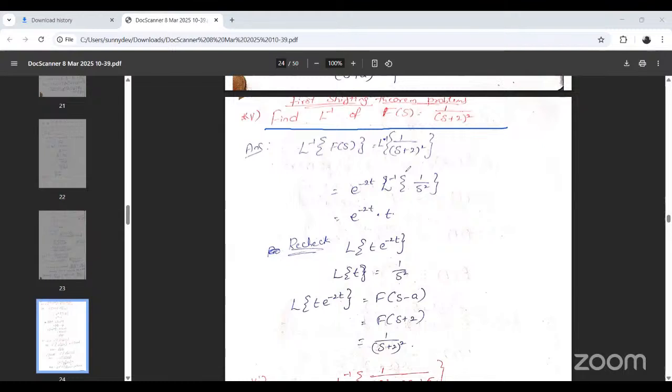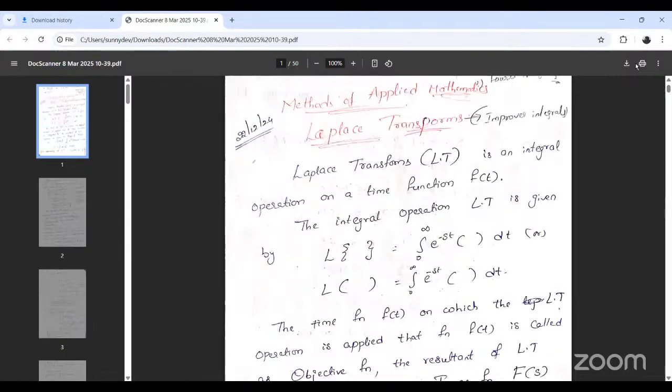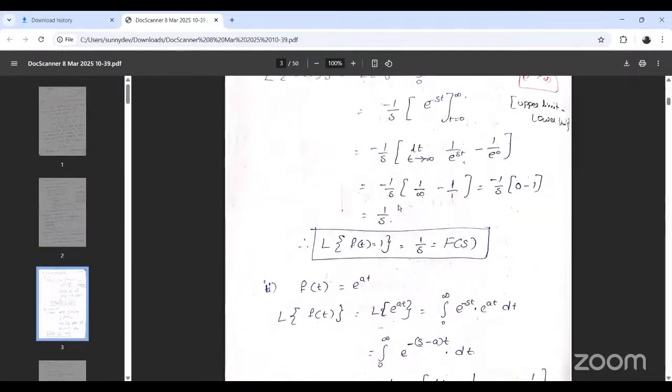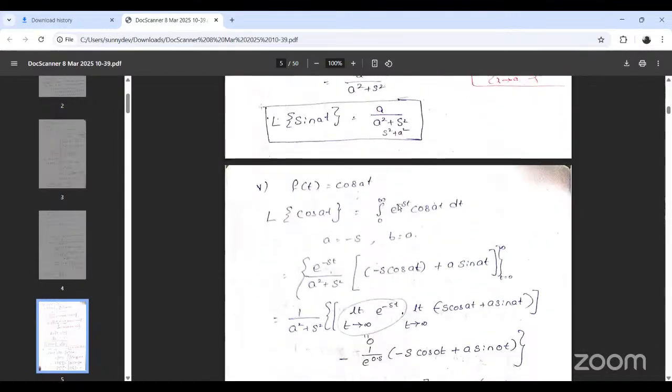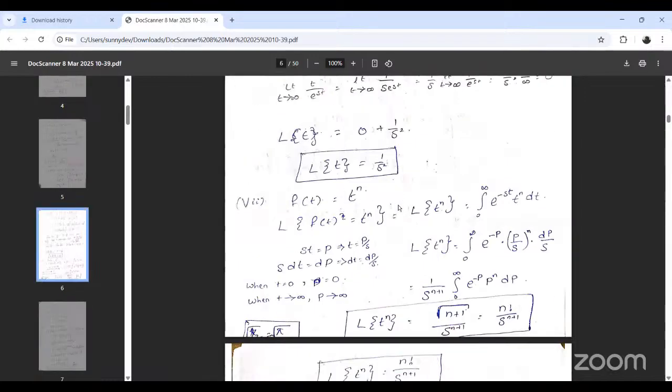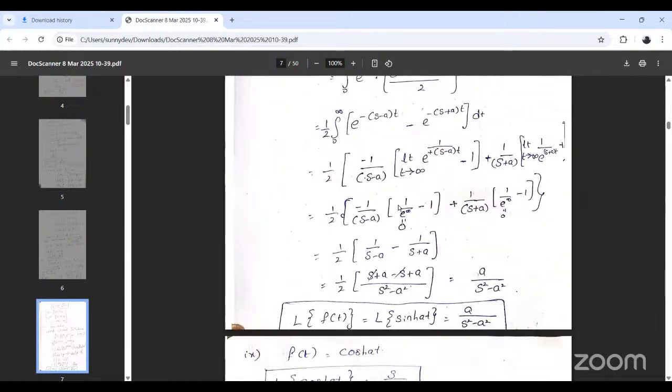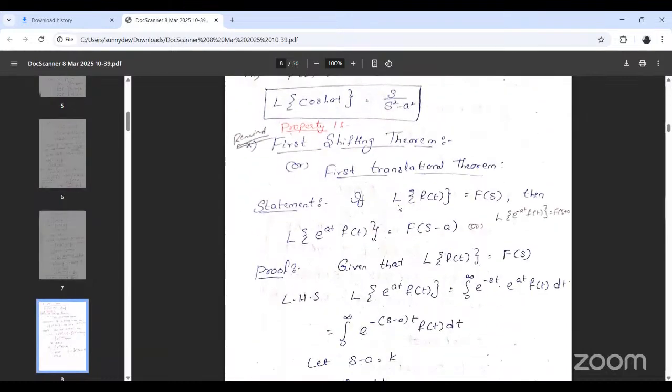We have one theorem, the first shifting theorem, so I will show that. The Laplace transformation of e power of at into f of t equals F of s minus a.